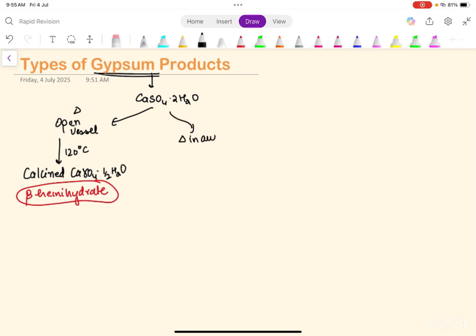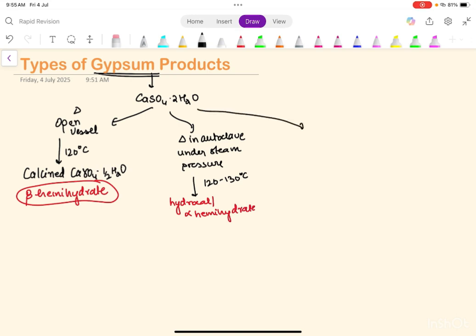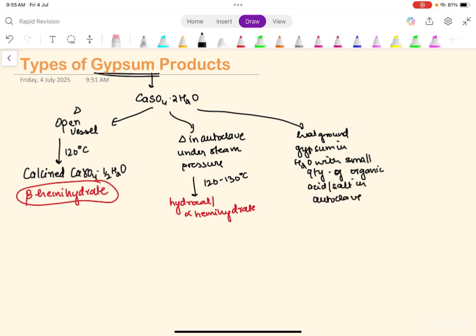Now if I heat it in an autoclave under steam pressure at a temperature of 120 to 130 degrees Celsius, I get hydrocal, or alpha hemihydrate. Now if I take the same compound, calcium sulfate dihydrate, and I heat the ground gypsum in water with a small quantity of organic acid or salt in an autoclave at a temperature of 140 degrees Celsius, I get alpha hemihydrate again.